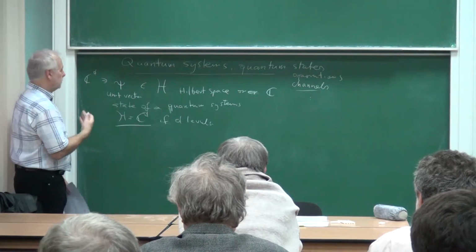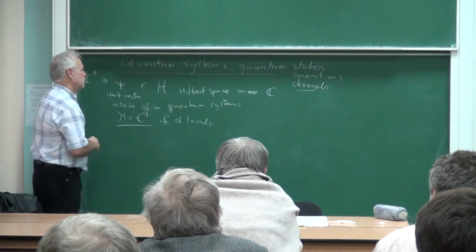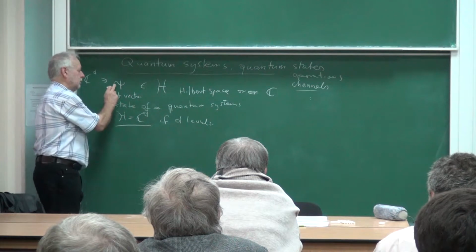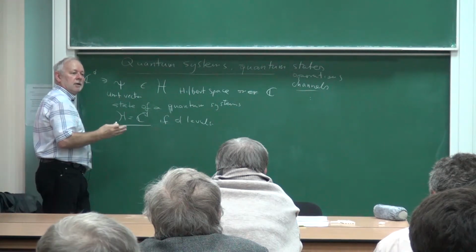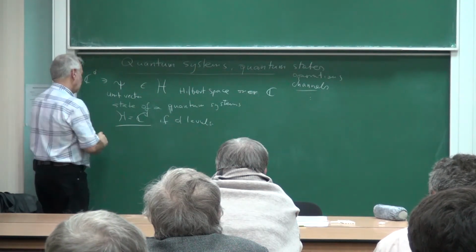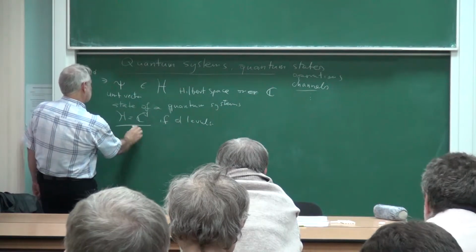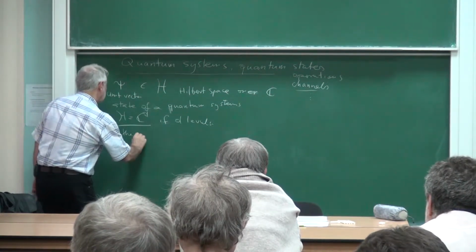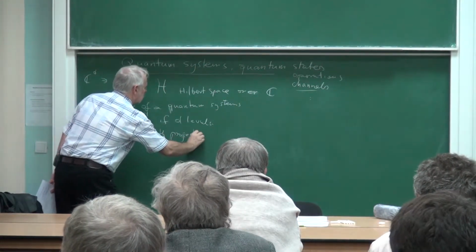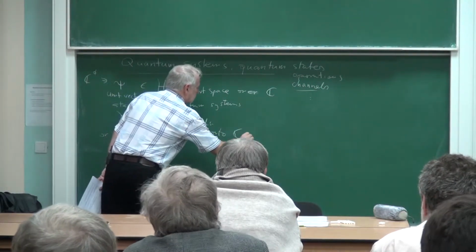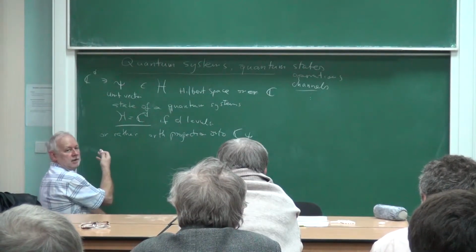And as it turns out, a more useful description of a quantum state, in some cases, rather than looking at the vector itself, is to look at the rank 1 orthogonal projection onto the direction of that vector, so the orthogonal projection onto C times psi.